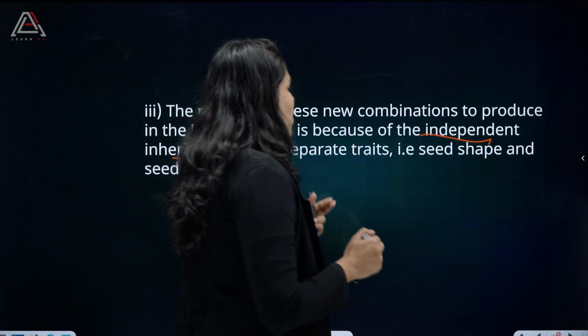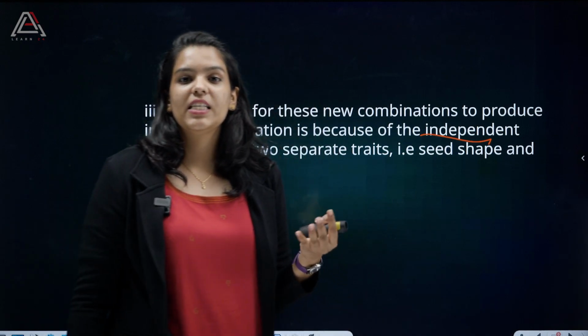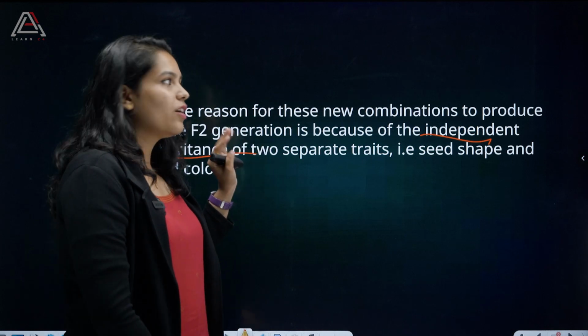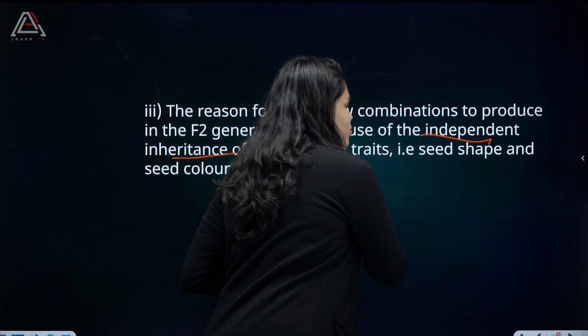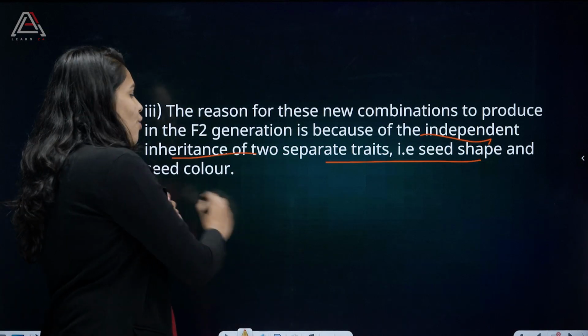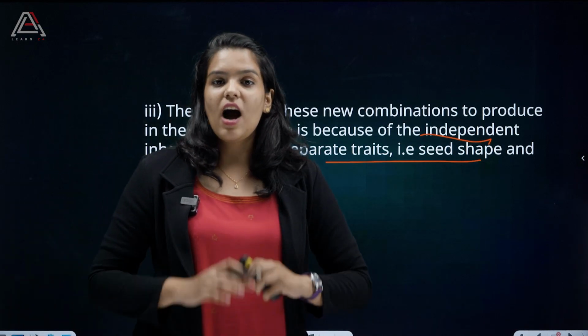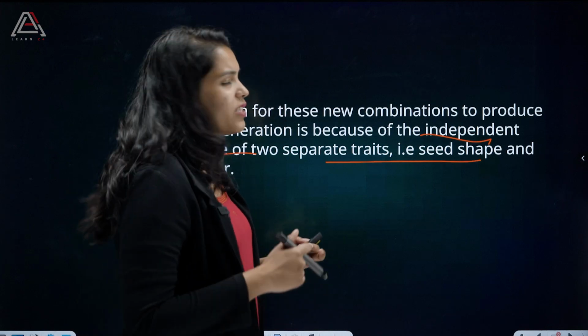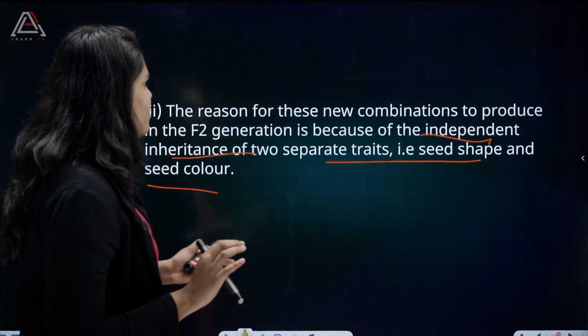That is why this new combination can be seen in this particular cross. Understood the entire question, right? It was a really easy question, you don't have to worry about it.